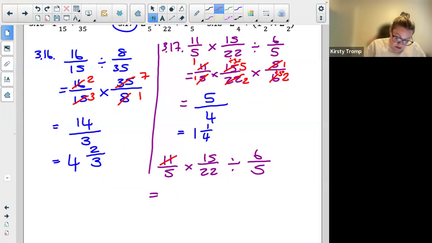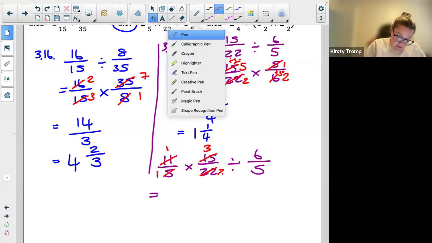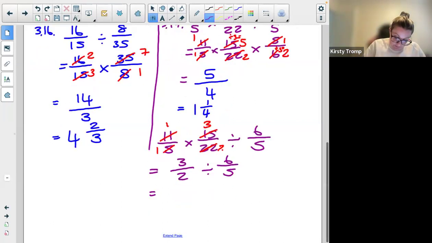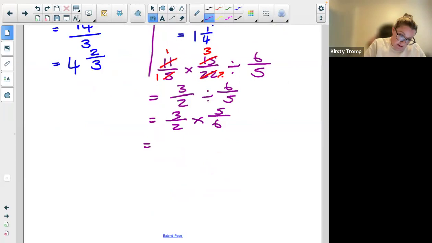So 11 goes into 11 once and into 22 twice. 5 goes into 5 once and into 15 3 times. So he would have had 3 over 2 divided by 6 over 5. Okay, so keep, change, flip. 3 goes into 3 once and into 6 twice.